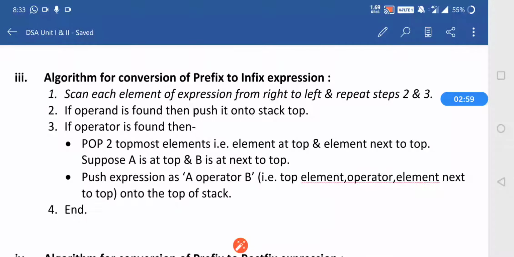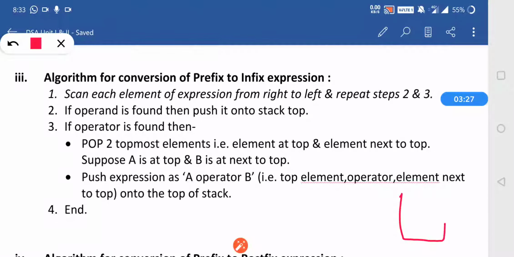Then we will push the operator in between these operands. If we remove the top of the stack, that is A, and the next element is B, and we have an operator, then our expression will become A operator B.